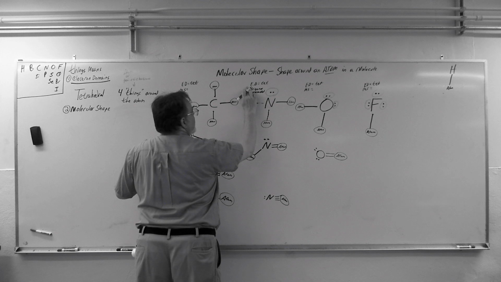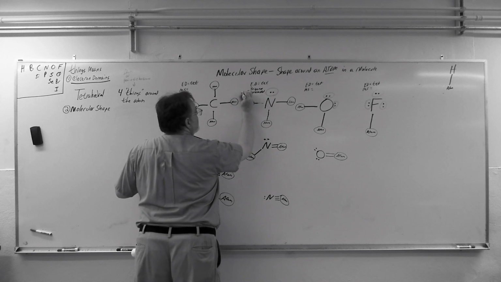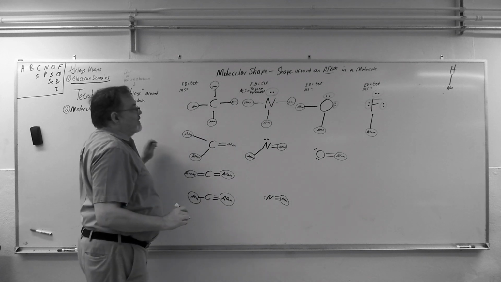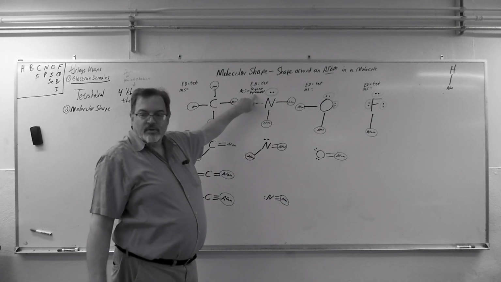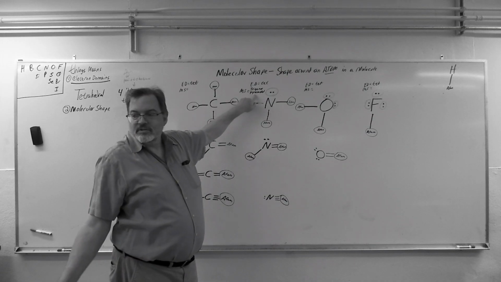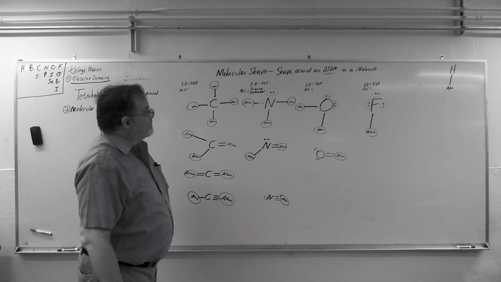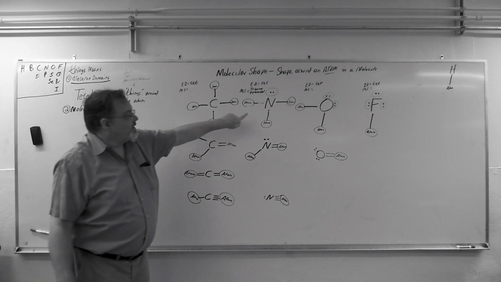I have always said pyramid. I think this is pronounced pyramidal, but I'm still going to say pyramid because I can't help myself. But trigonal pyramid, that's the molecular shape.